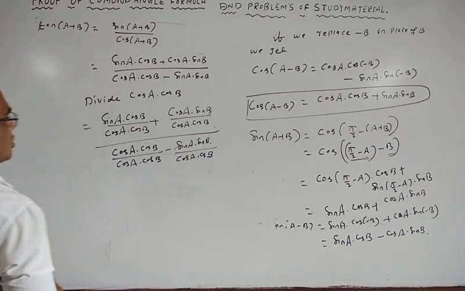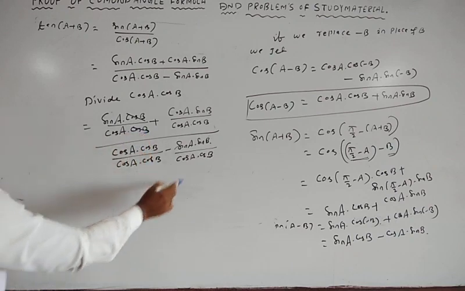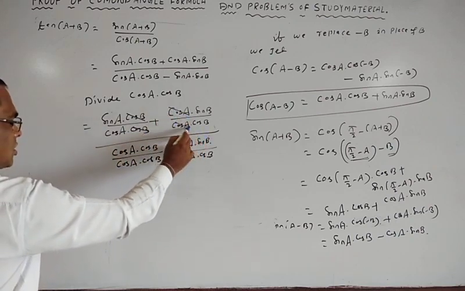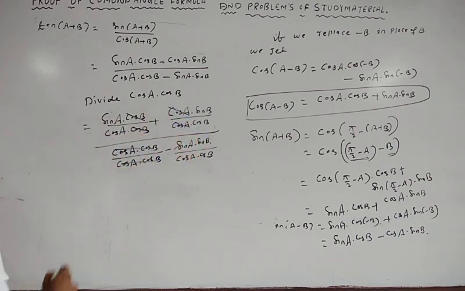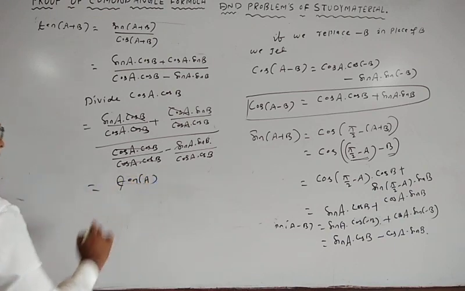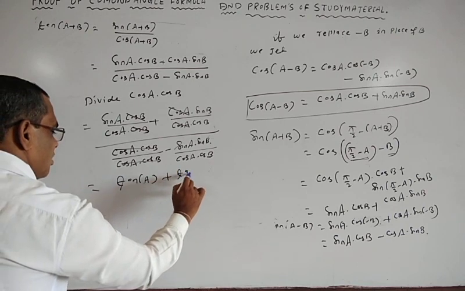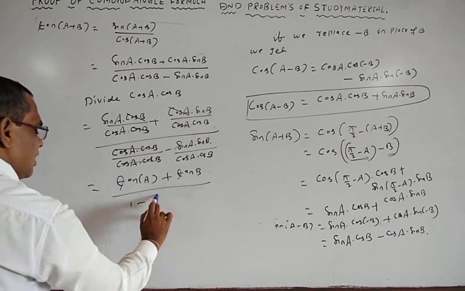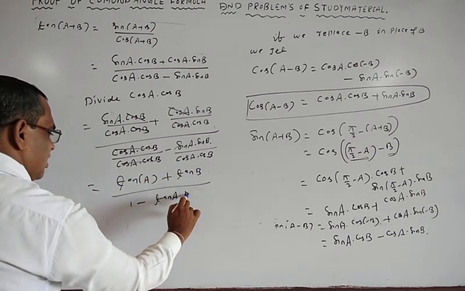Okay, so here cos b cancels, here cos a cancels, cos b cancels, so we get sin a by cos a, tan a, plus tan b by 1 minus tan a into tan b.